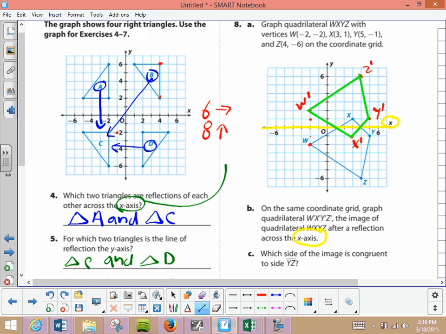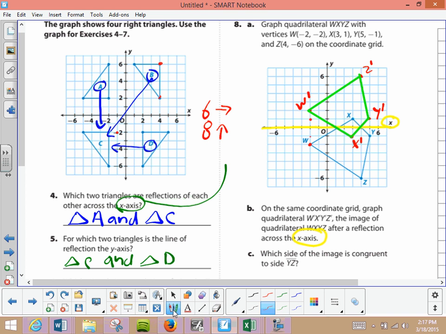There we go. And it's a direct reflection of the first one, right? The pre-image. Looks like a big butterfly.